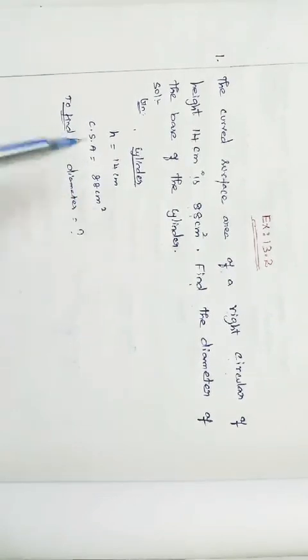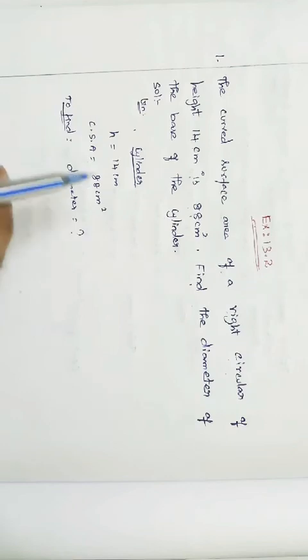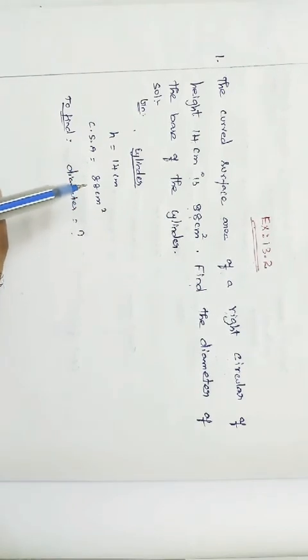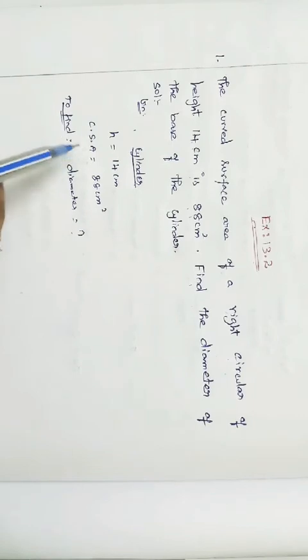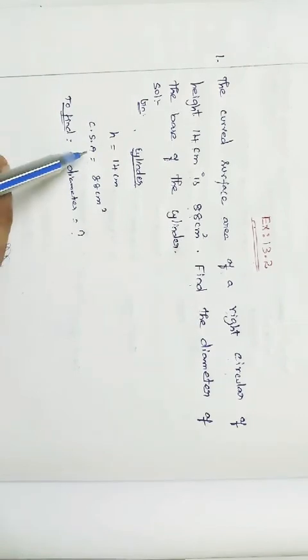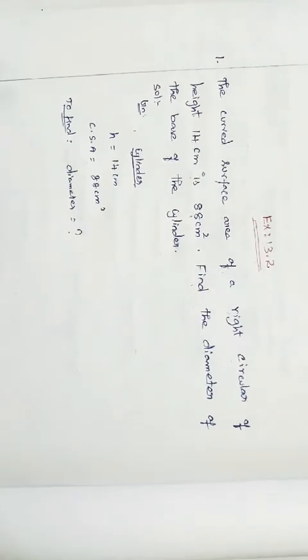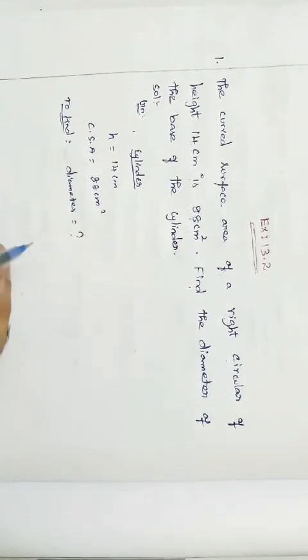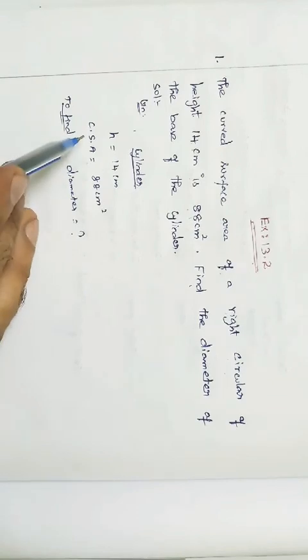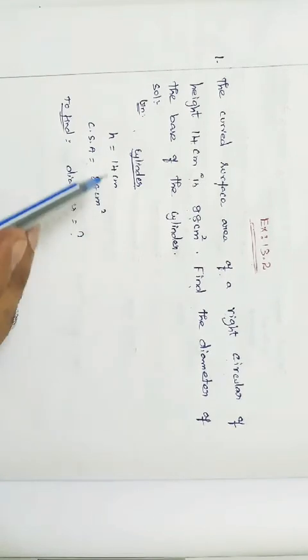Usually we only want to find the curved surface area, CSA or TSA, wherever we are having the formula. By using the formula we will find the CSA. We know the formula CSA is nothing but 2 pi r h. For that we need the radius and height.